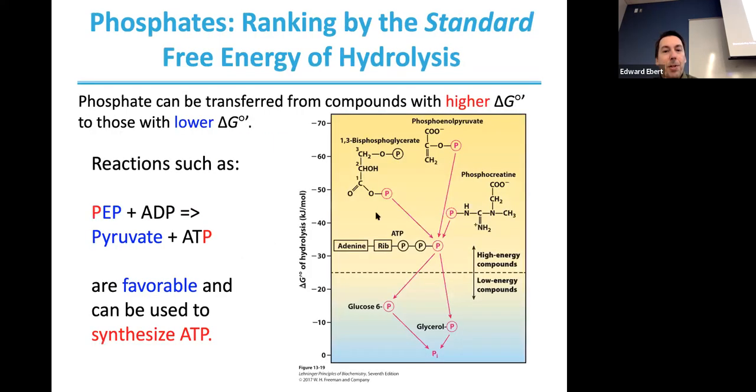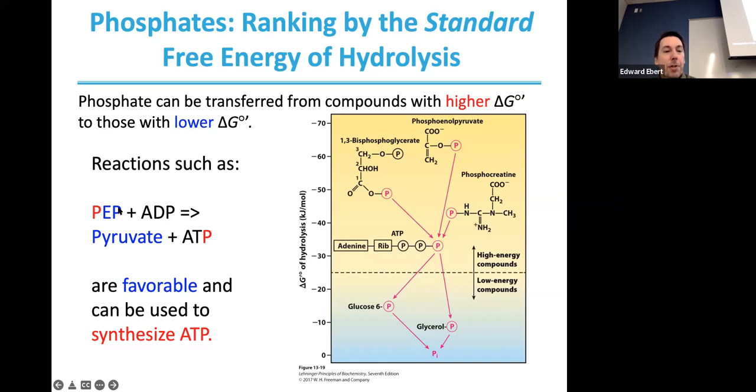Same thing with phosphocreatine, phosphoenolpyruvate, and 1,3-bisphosphoglycerate. These are all somewhat higher energy than ATP. And the neat thing is we could actually burn those to make ATP if we needed it. But ATP is also high energy, so on the negative side here, we can use it to synthesize other compounds.